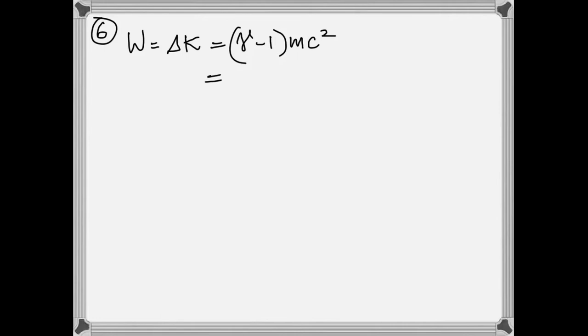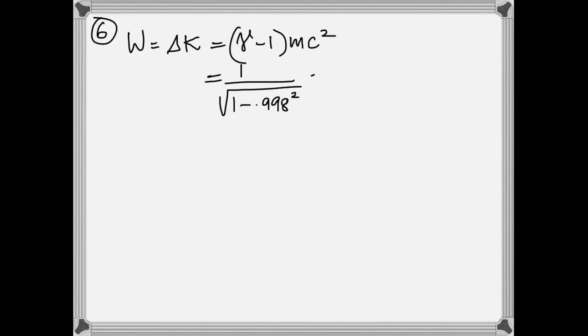That is gamma minus 1 mc squared, where mc squared is actually the rest mass energy of a proton, which you have to know as 938.3 mega electron volts. So that's a number that you need to memorize.